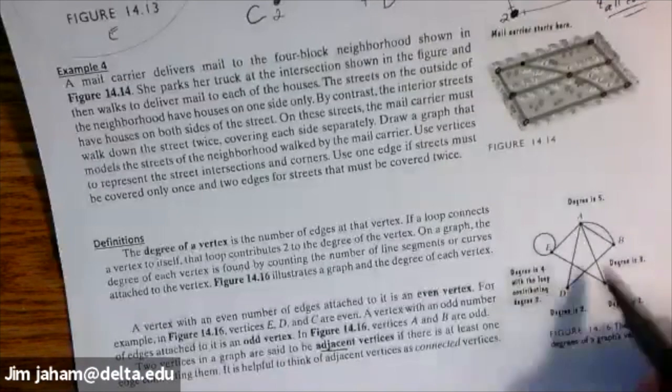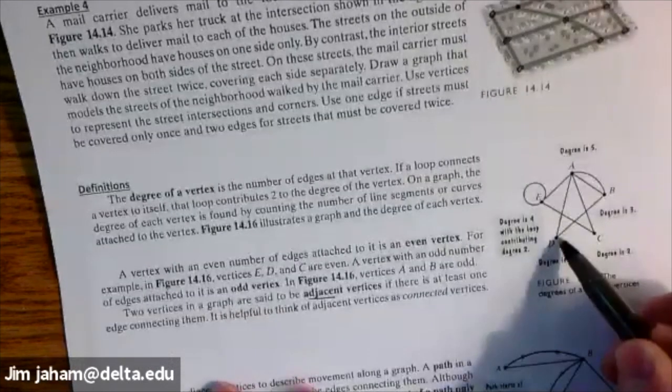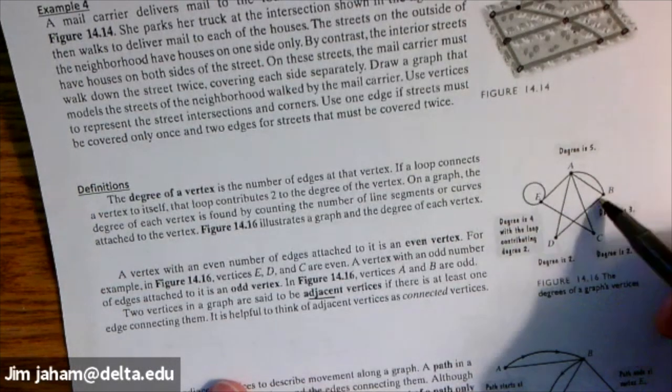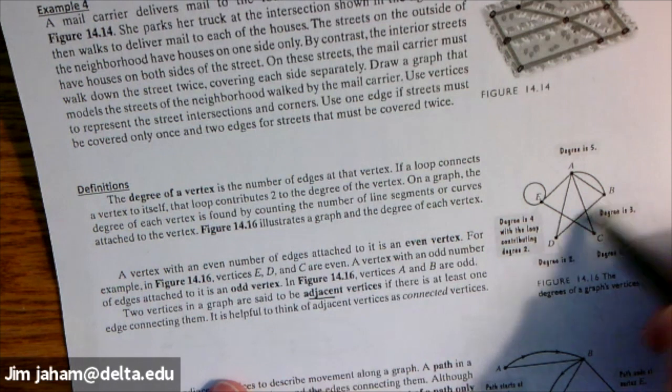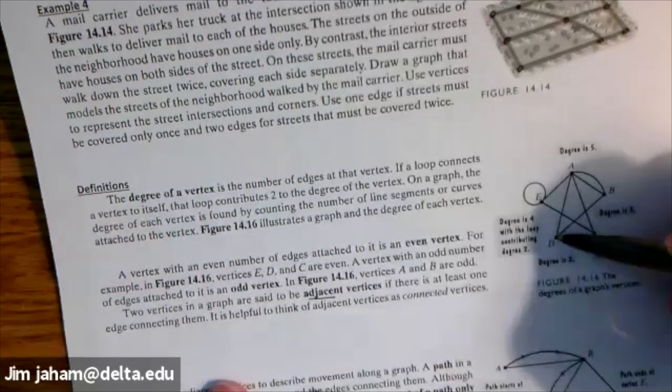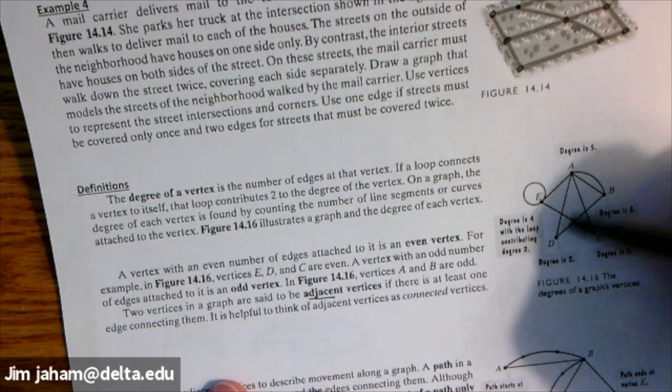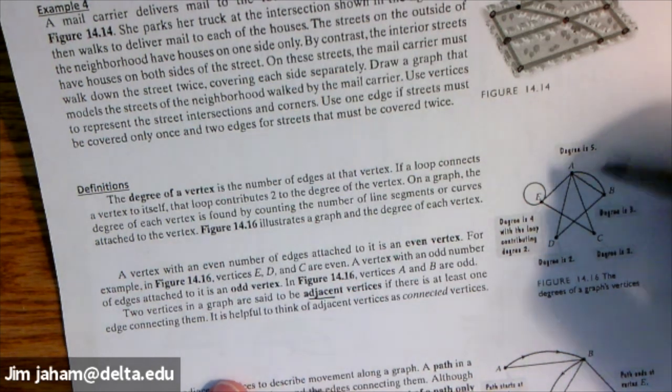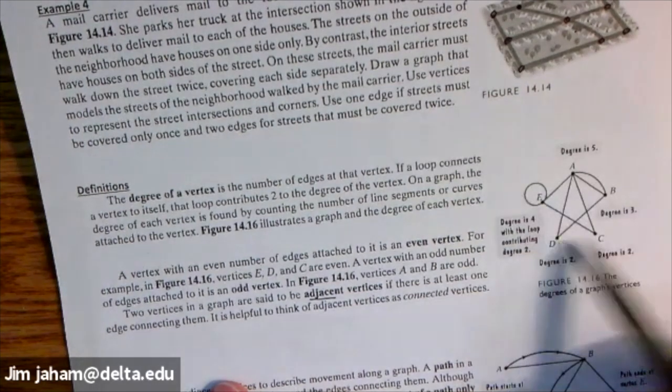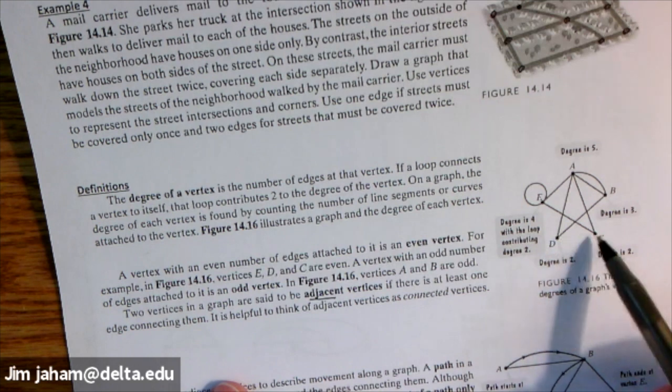So we would say that vertex D is adjacent to B because you can reach B with one edge. D is also adjacent to A because you can reach it in a single edge. But D is not adjacent to C because there's no edge connecting D directly to C.